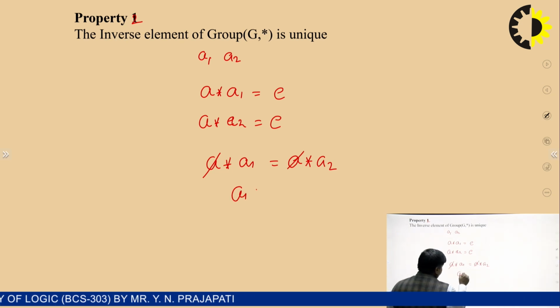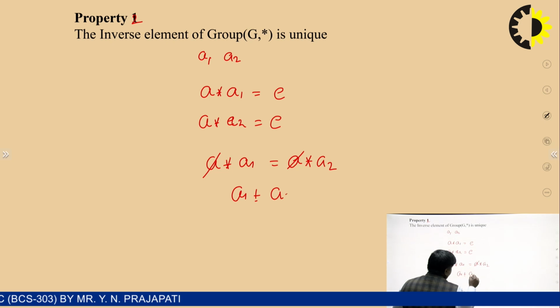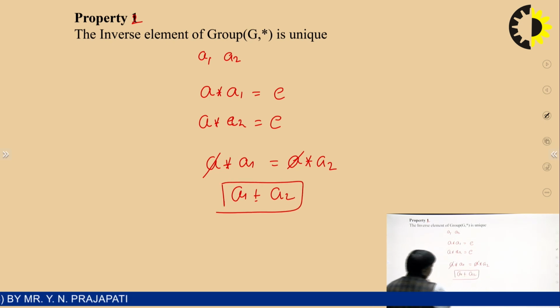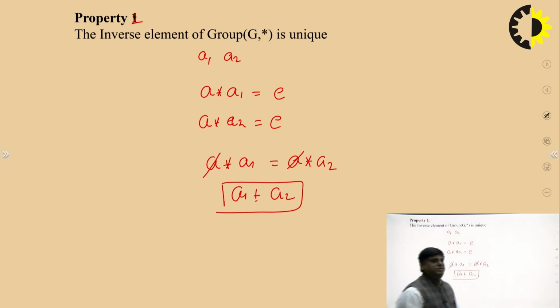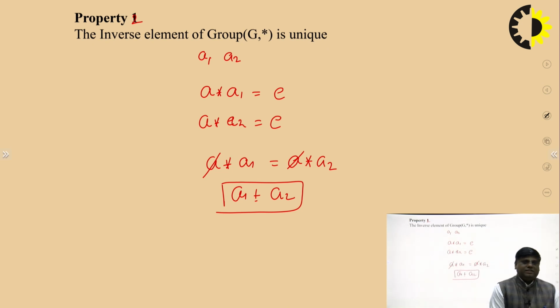It means A1 is equal to A2. We can prove that the inverse element of a group is unique.